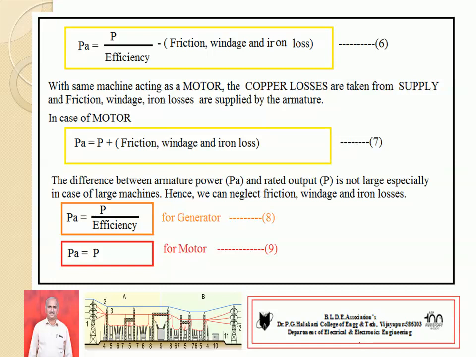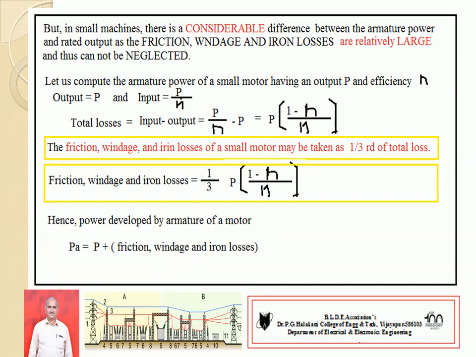If in examination you are asked to derive the output equation for DC machines with usual notations, you have to derive up to equation 8 and 9. But in case of small rating machines, this difference is not neglected, it is a considerable amount.